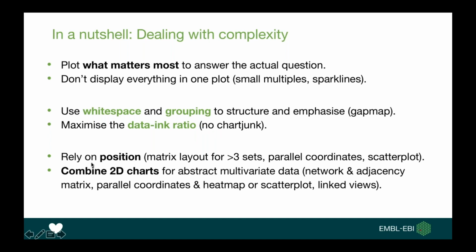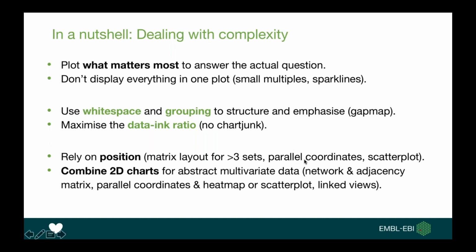Rely on position. We saw that this is the highest element in the visual hierarchy. And we gave examples of how the matrix layout is a better way of doing this for sets, as opposed to the Euler diagram that relies on the overlap between areas.